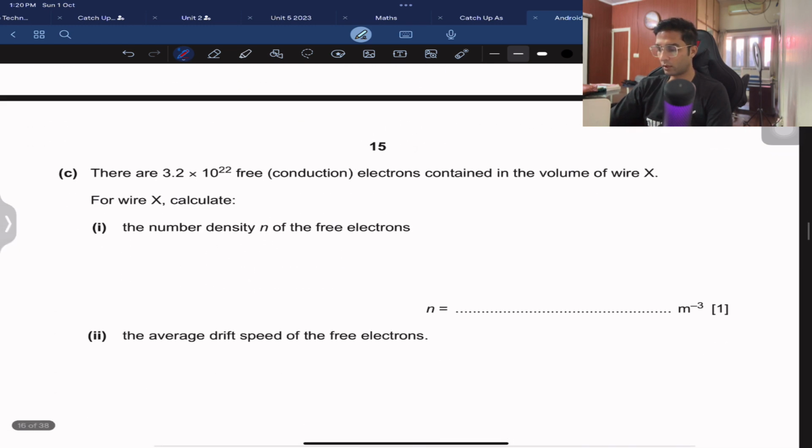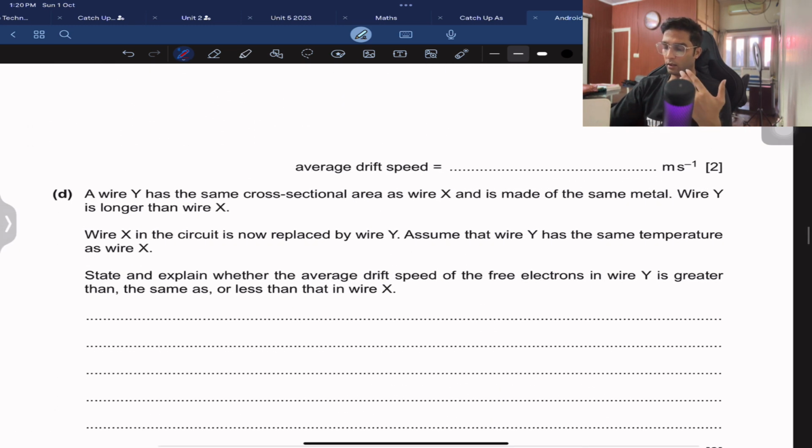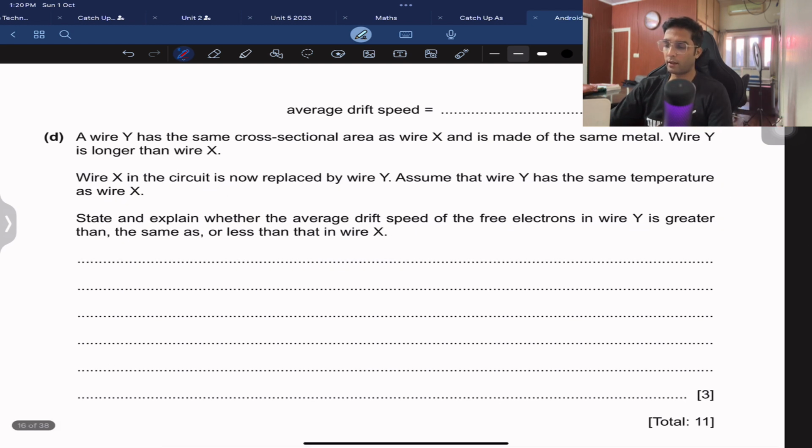When you go down, you're going to see that they've said that a wire Y has the same cross-sectional area as wire X and is made of the same metal, and wire Y is longer than wire X. Wire X in the circuit is now replaced by wire Y. Assume that wire Y has the same temperature as X. State and explain whether the average drift speed of the free electrons in wire Y is greater than, same as, or less than that in wire X. So this is the question.